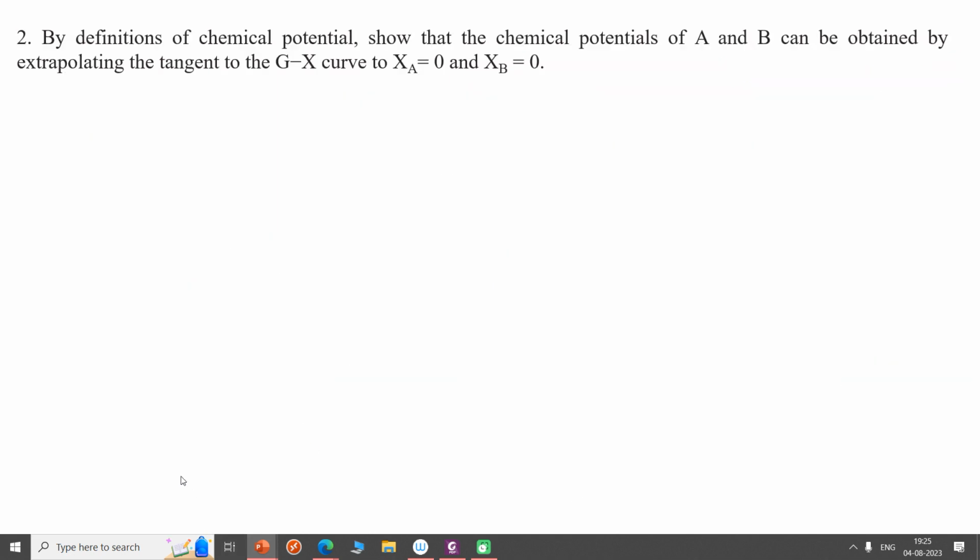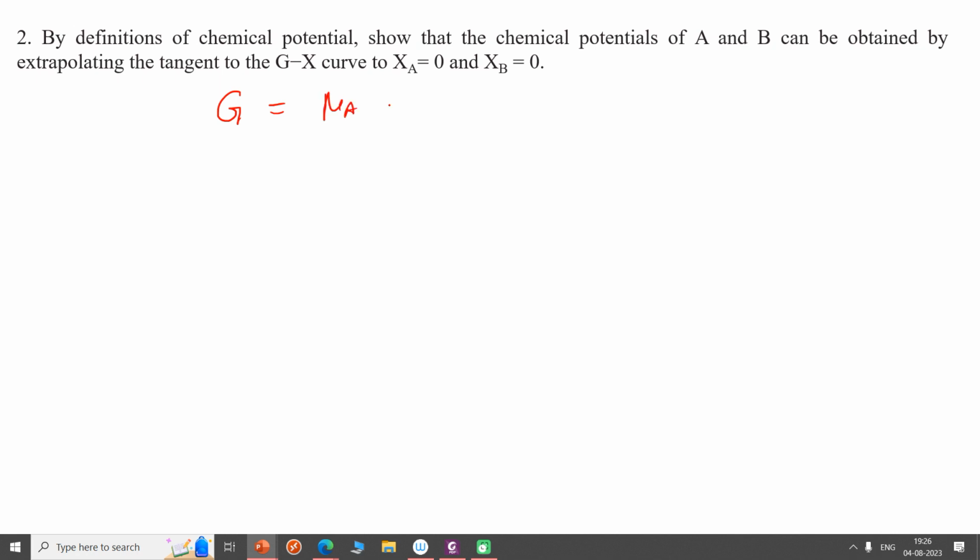So coming over to the second question. By definition of chemical potentials, show that A and B can be obtained by extrapolating tangents to the G-X curve. Okay, so we quickly adapt this problem. We know that the free energy is given this way.